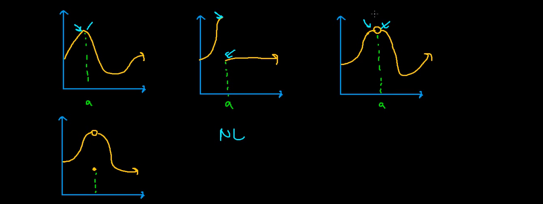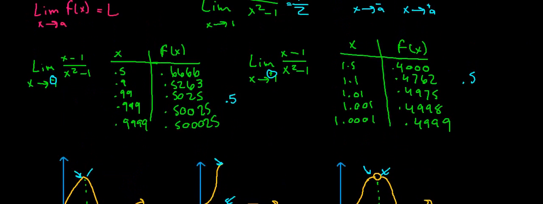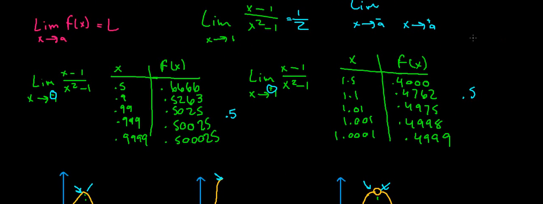So my limit will be whatever that value is. The left and right sides will agree, and therefore there will be a limit of whatever this number is right here, even though there's a hole there. And that's what happened with this example up here. For 1, there is no value, but the limit is still 1/2. The function values still appear to go to 1/2.